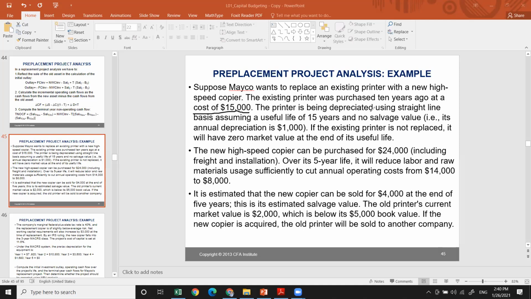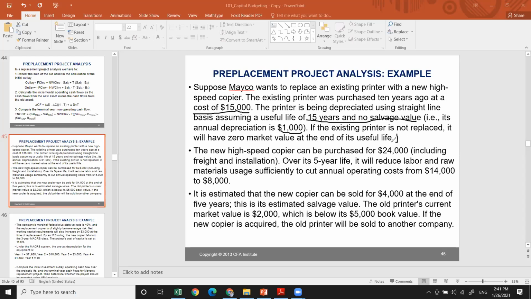The printer is being depreciated using the straight-line basis, assuming a useful life of 15 years. That means annual depreciation will be 15,000 divided by 15 years, which gives 1,000 of depreciation each year. If the existing printer is not replaced, it will have a zero market value at the end of its useful life.